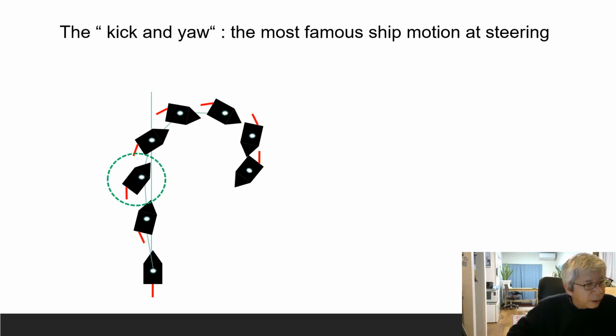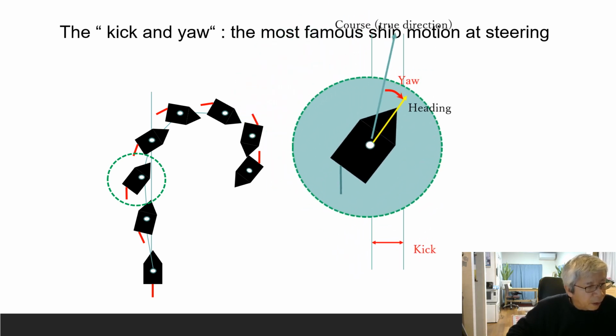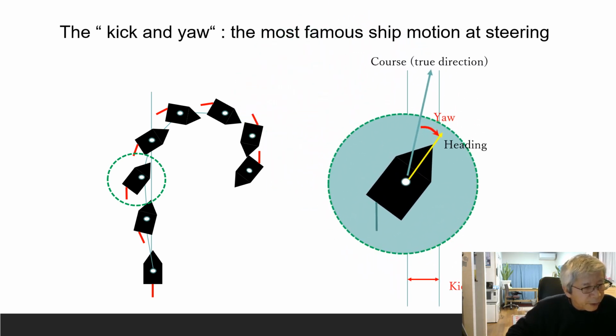The important thing is here, we can see both kick and yaw. Yes, the kick is here, and then yaw is there. This is yaw, meaning the ship is going in this direction. This is the course, we call it the ship course.